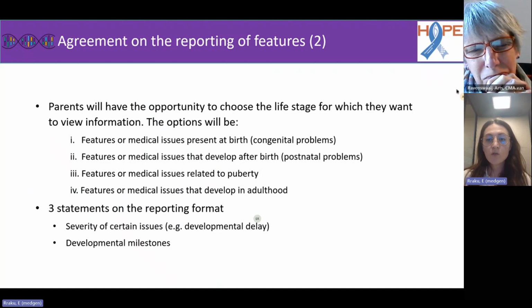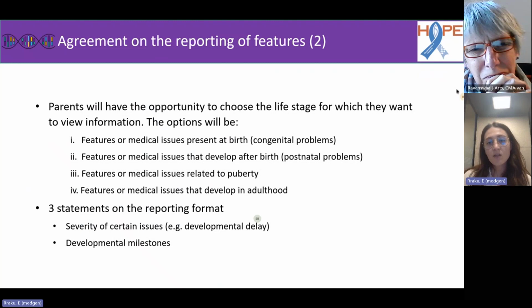And you will have the opportunity to choose one, many, or all of these options. It's up to you. And both parents and professionals agreed that, again, this is a way for parents to decide what they want to view at that moment without missing information they would have liked to access.